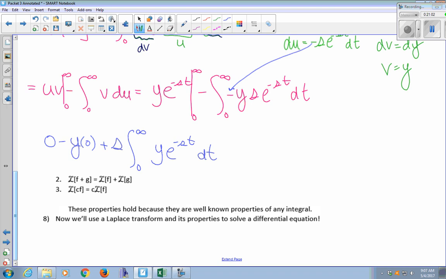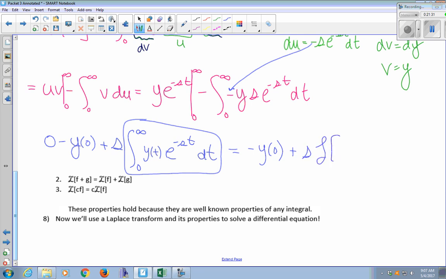You don't, because this should look familiar. Y is a function of t, and this is the definition of the Laplace transform. So this is equal to negative y of 0 plus s times the Laplace of y of t. And that's the property that I was trying to prove.